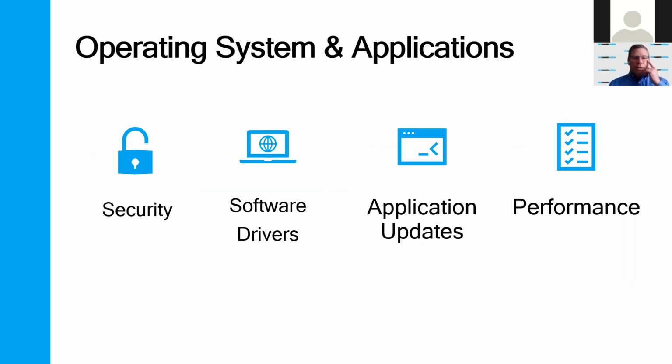As we talk about the operating systems themselves, we have a number of different issues. Security is critical. If you're running an old operating system that is no longer supported, those security holes that are being discovered are no longer being patched. A great example is moving from Windows 7 to Windows 10. Microsoft will extend Windows 7 just to the point of providing security patches if you need them, at a fee.